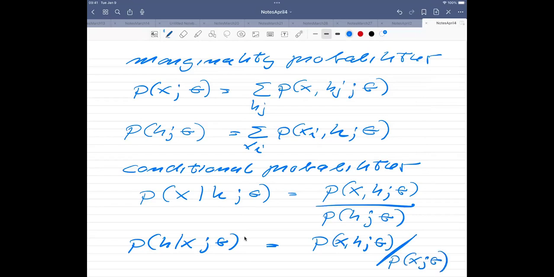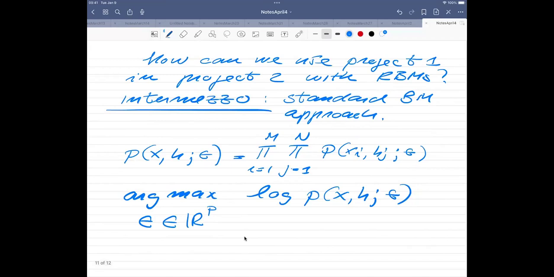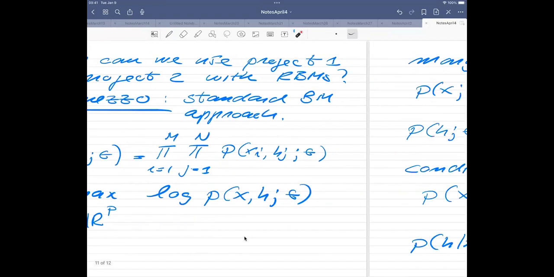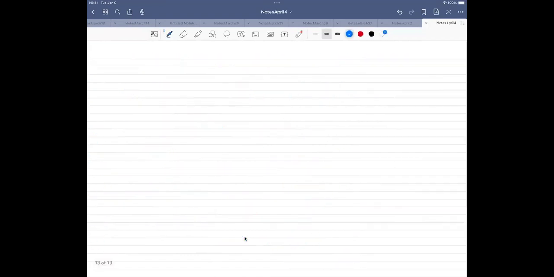So these are quantities which you may have encountered when you look at the course in statistics. So the thing which we want to optimize is actually, we don't want to optimize this quantity here, but we want to optimize the marginal probability. Because at the end, the visible variables are those which are of interest for us.